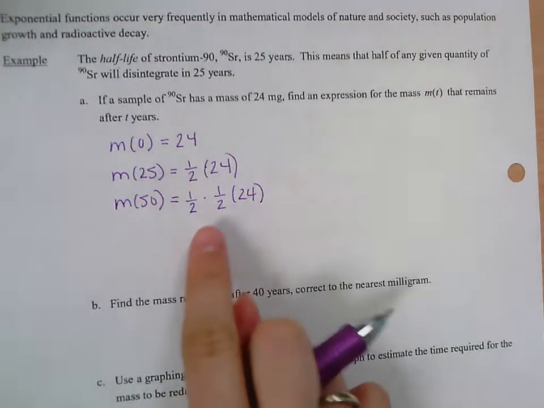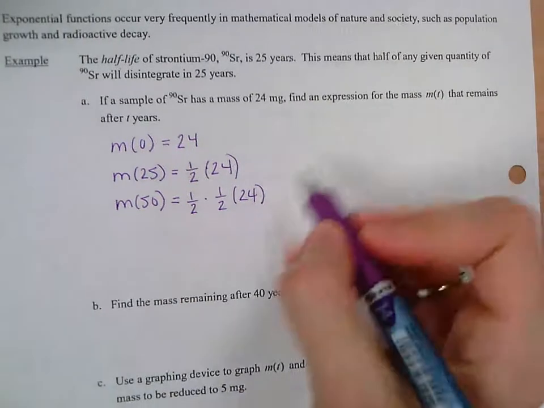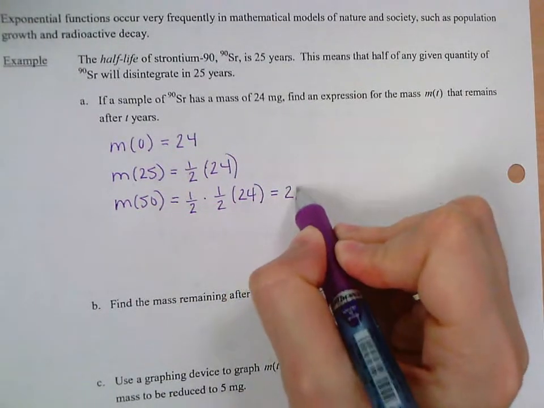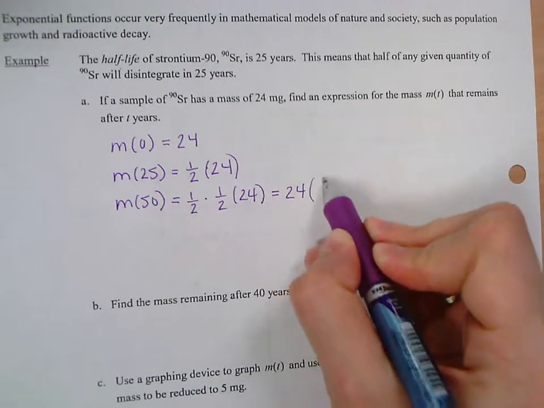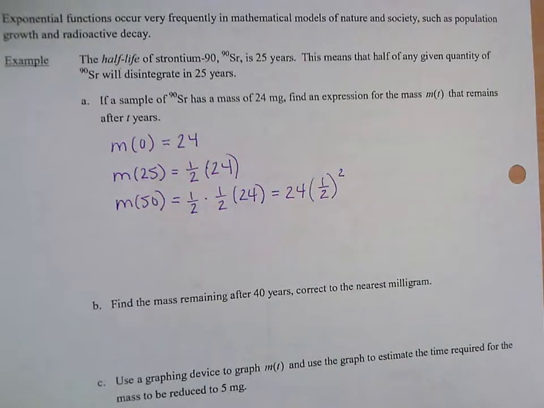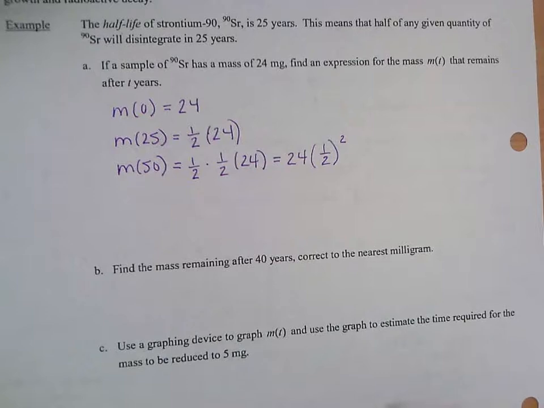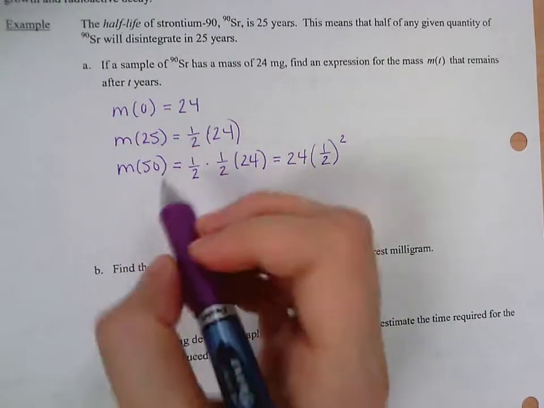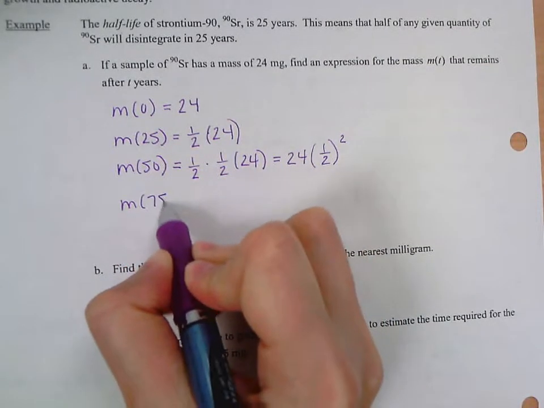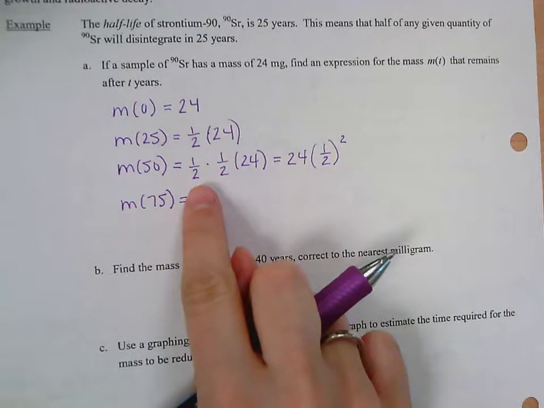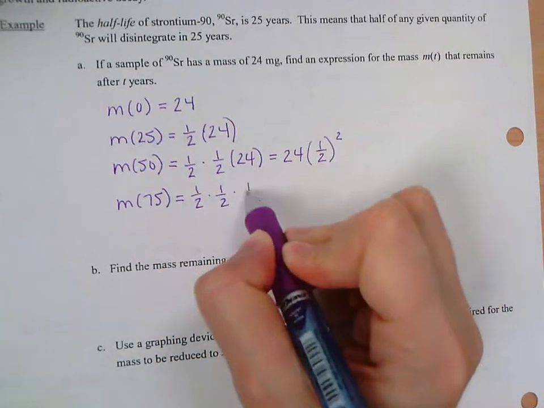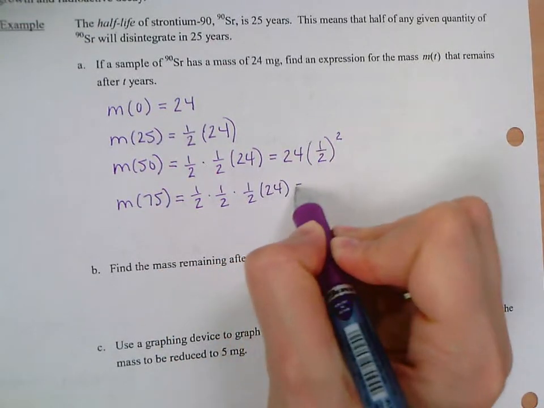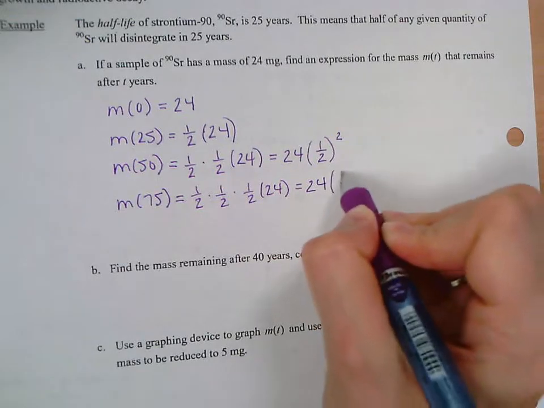Okay, now I could also write this as 24, I'm going to kind of switch things around. I could write it as 24 times 1/2 squared. Then if I go another 25 years, so the mass after 75 years will be half of that again. It'll be half of half of half of 24, or 24 times 1/2 to the third.